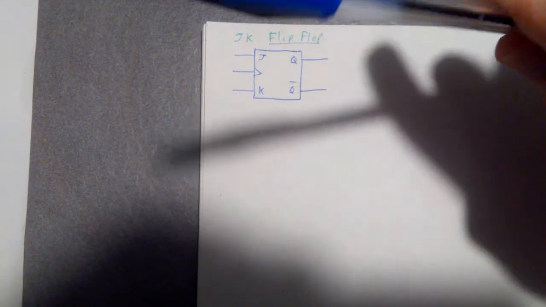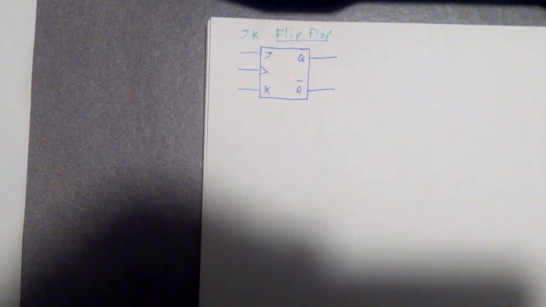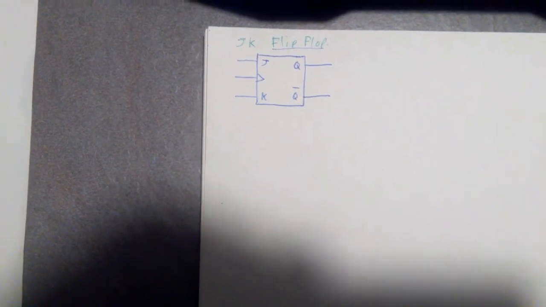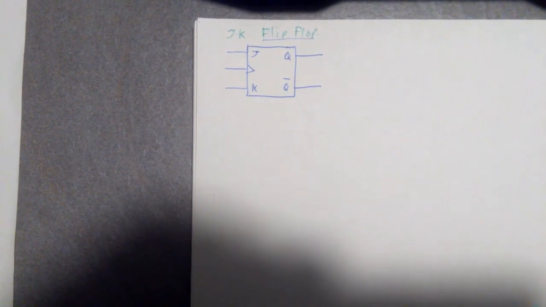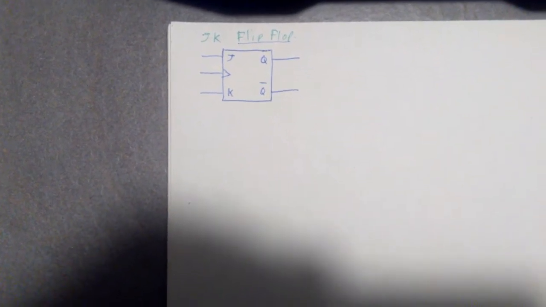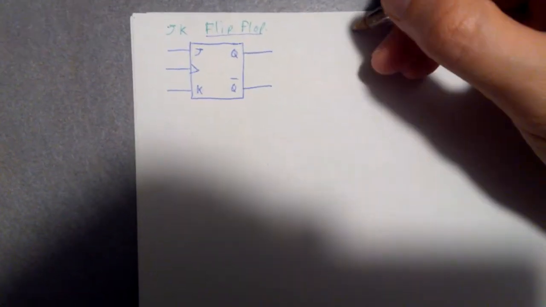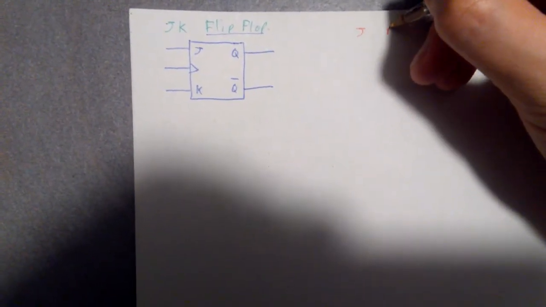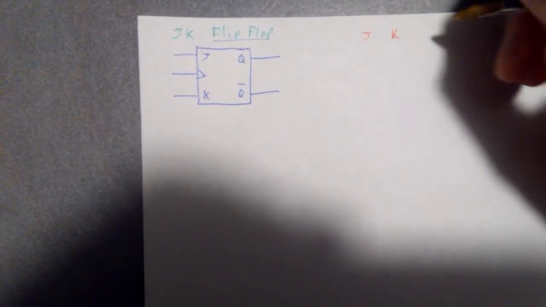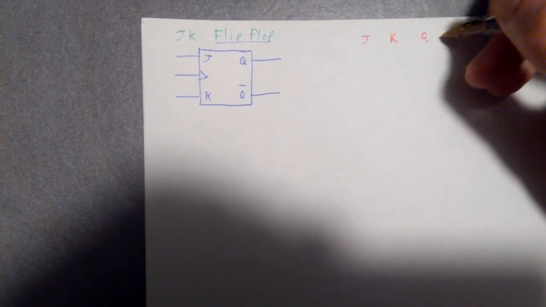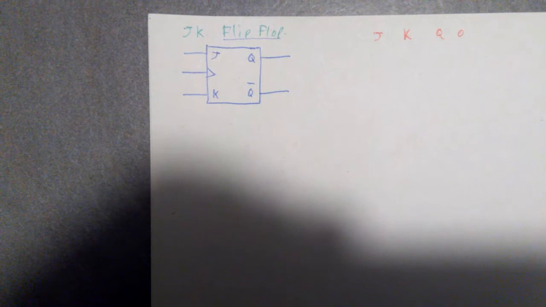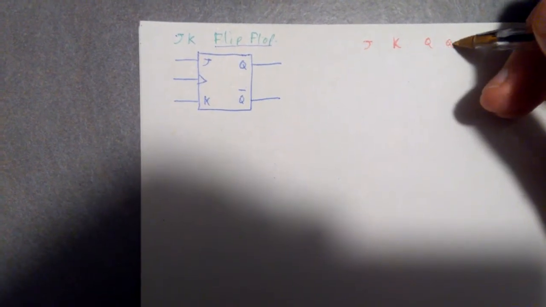So we're going to have a truth table for this JK flip-flop, and I'm going to draw it right now. The truth table has J, K, Q, Q plus.